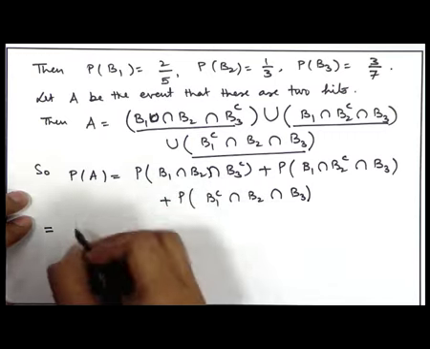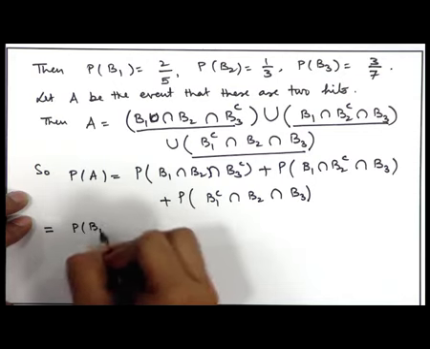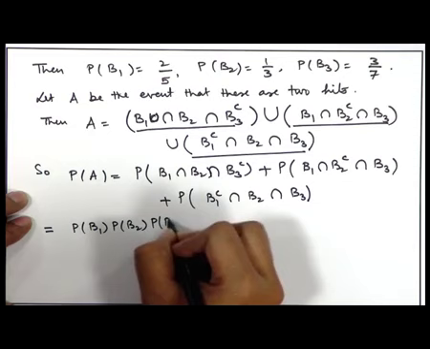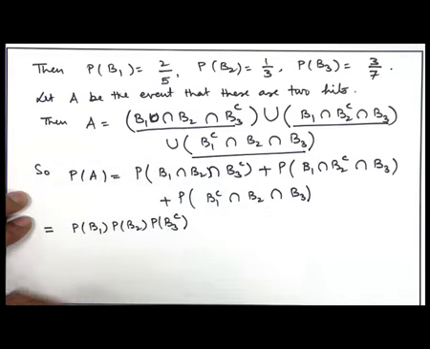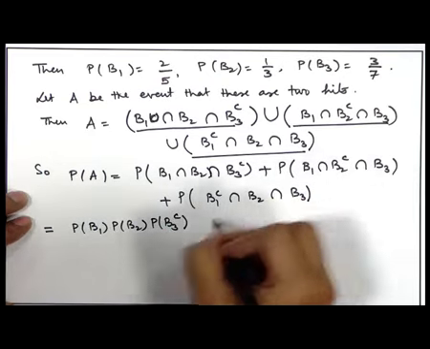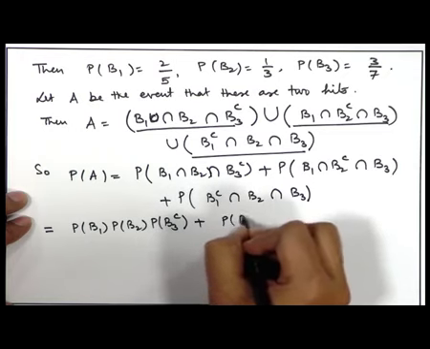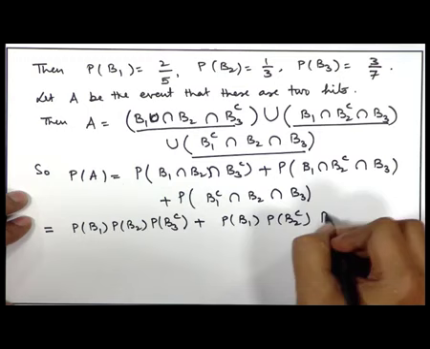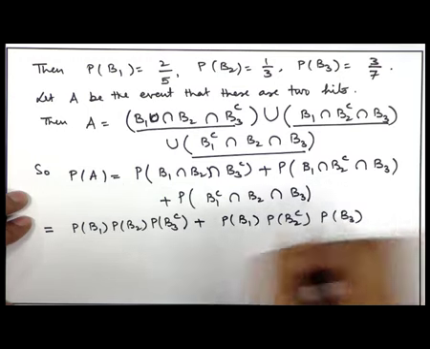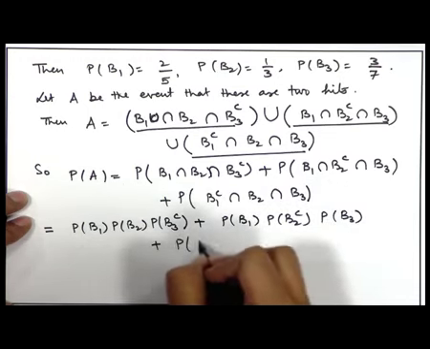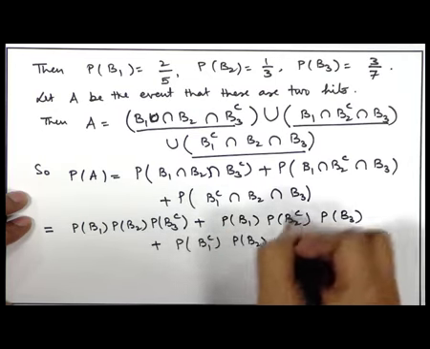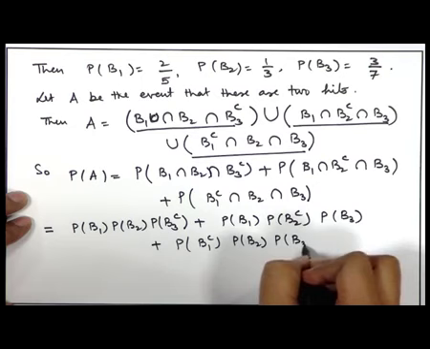For example, the first one becomes probability of B1 into probability of B2 into probability of B3 complement. Similarly, the next one is probability of B1 into probability of B2 complement into probability of B3 plus probability of B1 complement into probability of B2 into probability of B3.